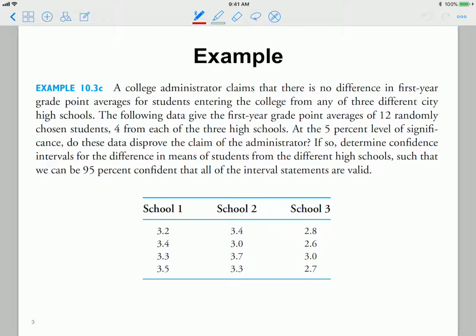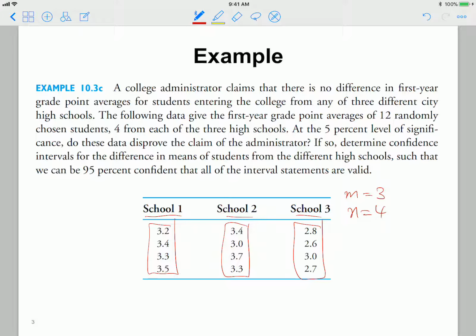Okay, so let me just start with the example here. Here we have three different schools, and then they have some observations within each sample. So we have three samples, and each sample has 4 observations. So M is 3 and N is 4 in this case.